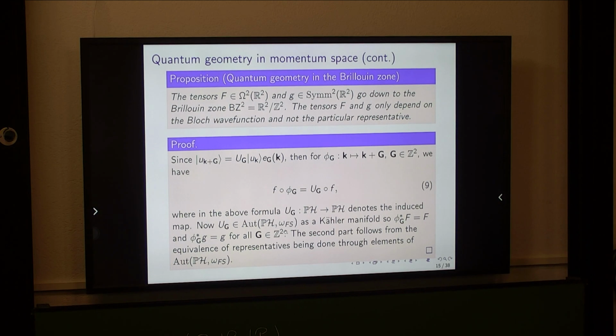And the second part, because the way I stated equivalence is again done through automorphisms of the Kähler manifold, and therefore this thing holds.